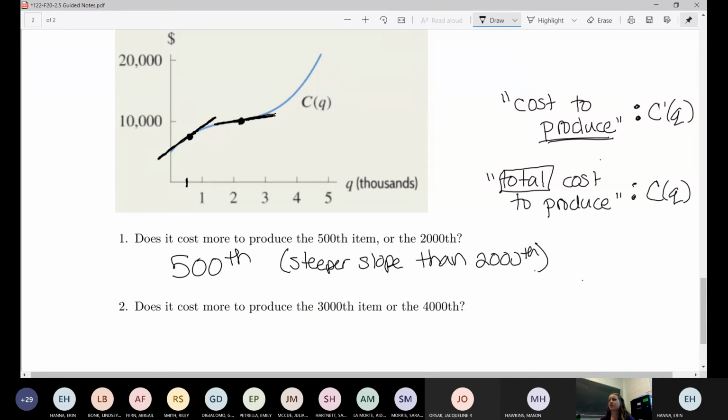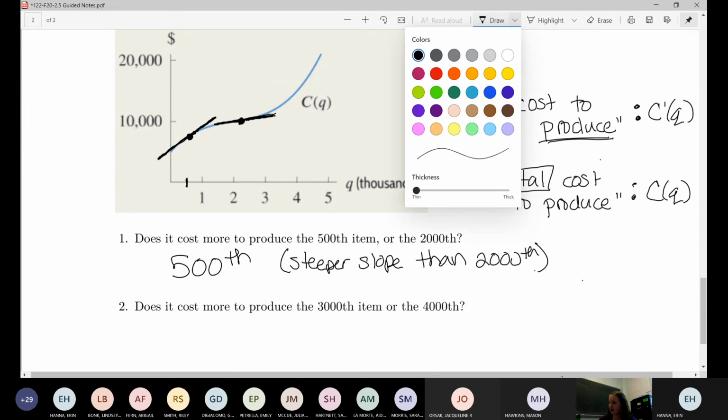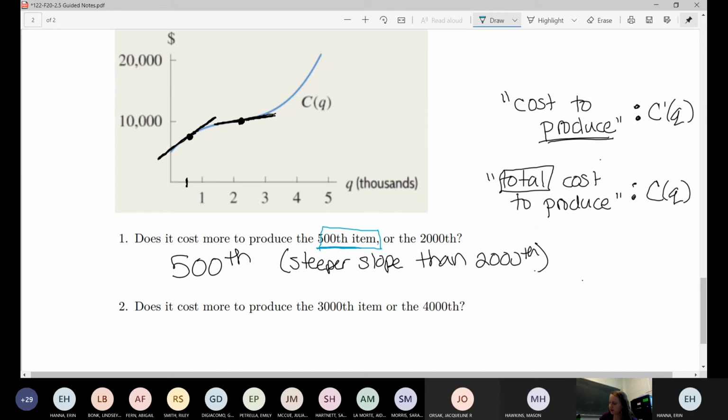But if they're asking you the price of making the next one, the cost to produce that many, and also, maybe another thing that helps us figure out that we're talking about C prime instead of C is that it talks about the specific item. So let me add that in too. Also specific item.